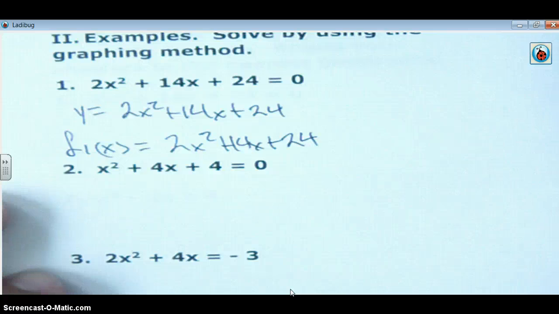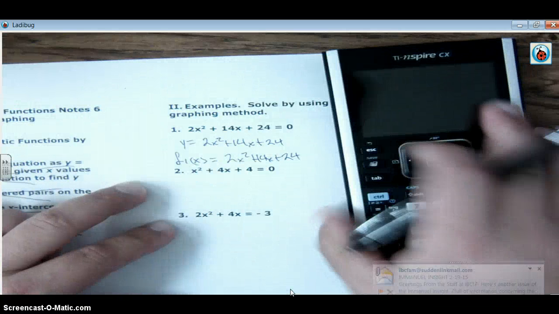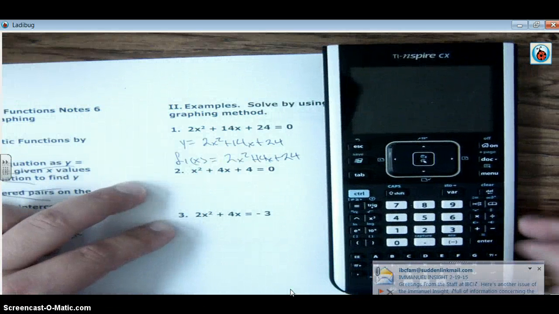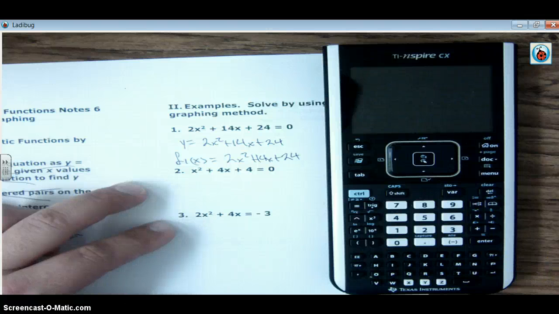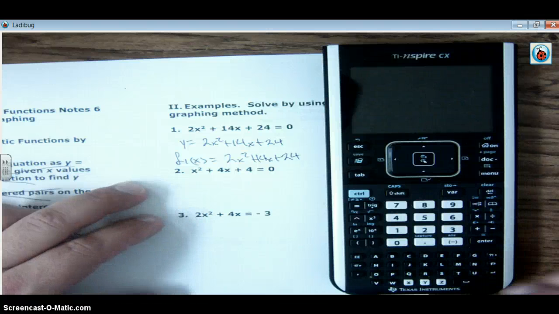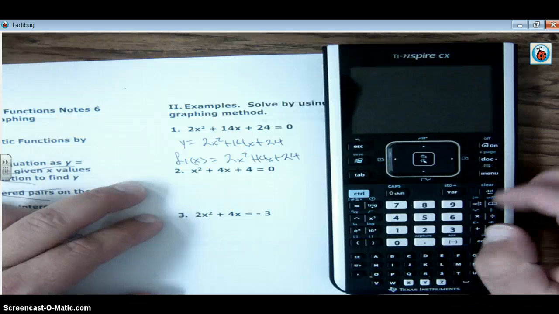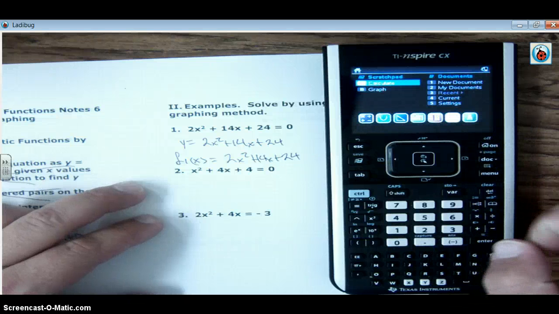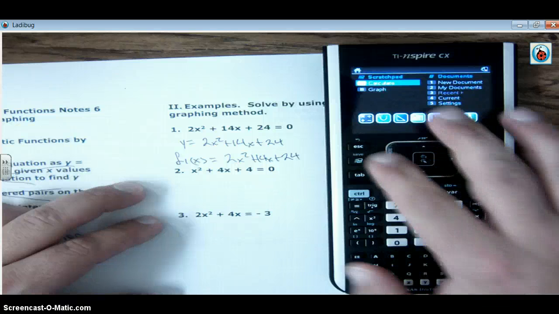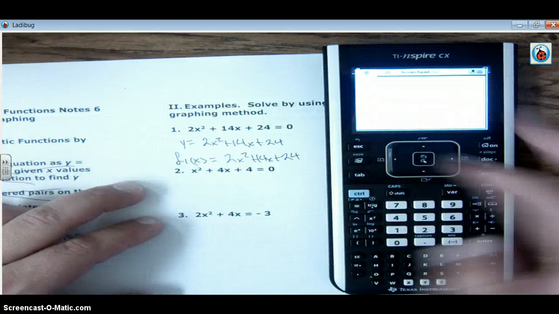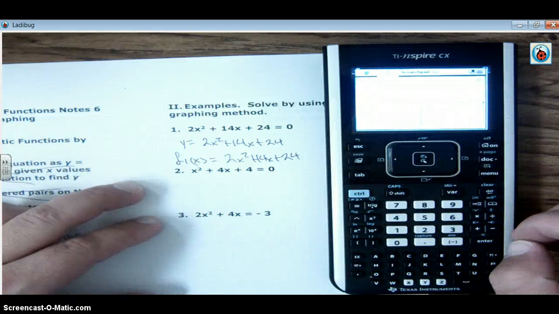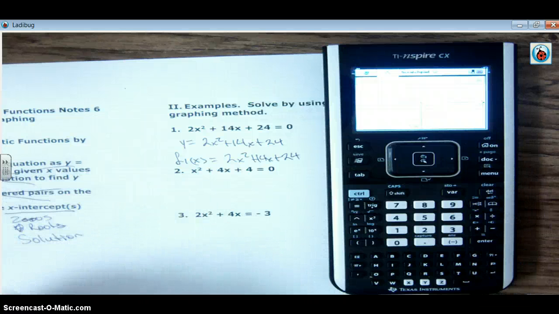Alright, so let's take a look at what your calculator is going to give us. Here's my calculator. Alright, turn your calculator on, and of course let's clear everything out. Get rid of all that stuff. Let's press the scratch pad button until we get to the graph. And there's f of 1x. Ooh, I guess that's kind of not bright.